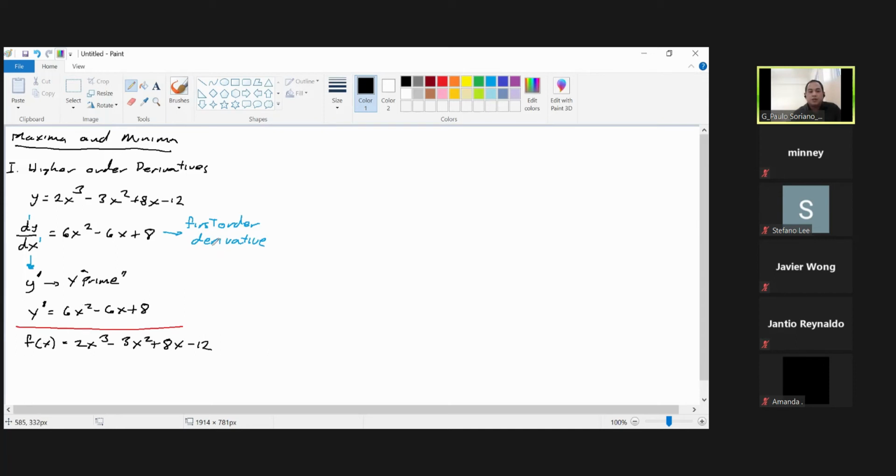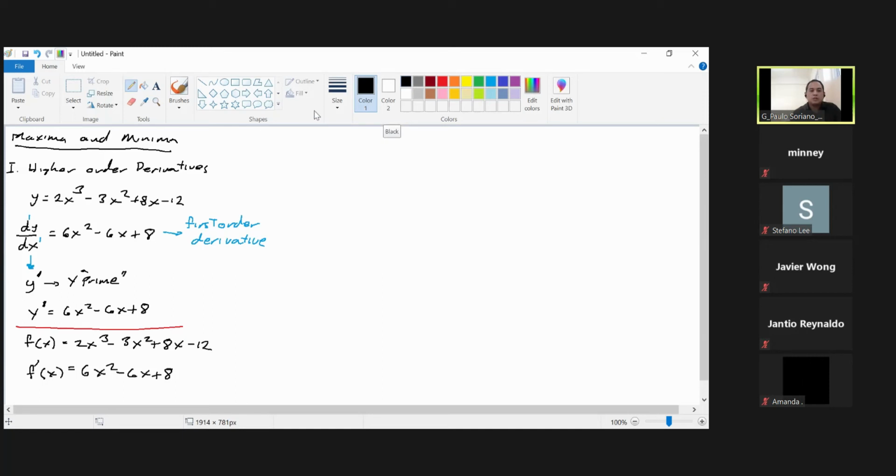We put the prime after f, so this is named f prime of x, equal to 6x squared minus 6x plus 8. F prime of x is the first derivative.